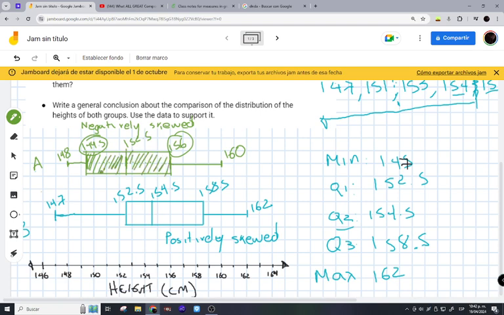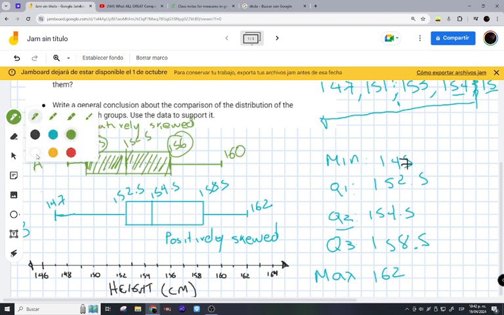Remember, this is 25% of the people, and this is 25% of the people. So the interquartile range is the range that those middle 50% occupy.